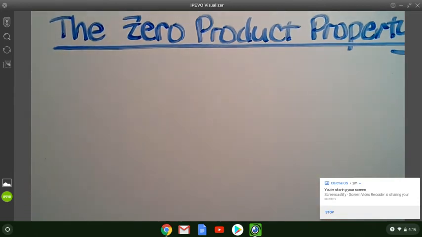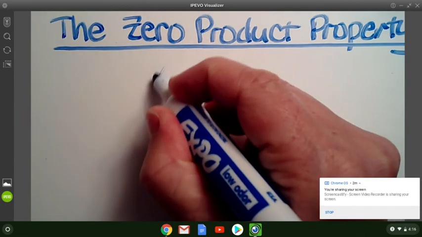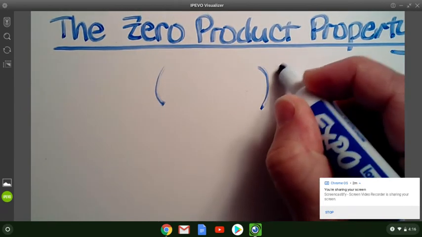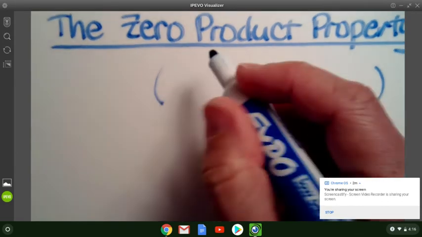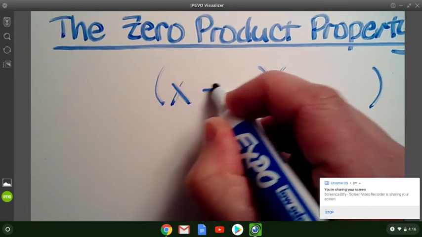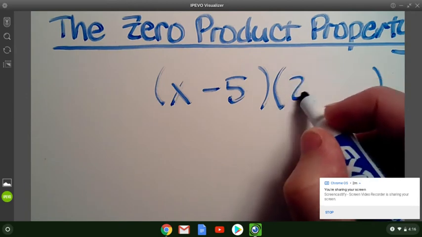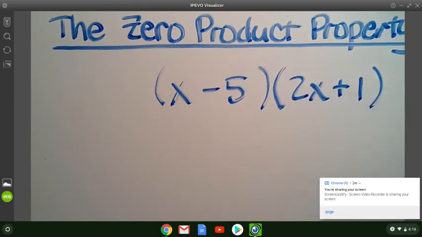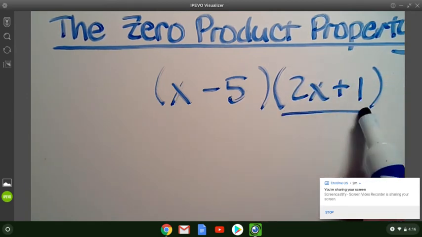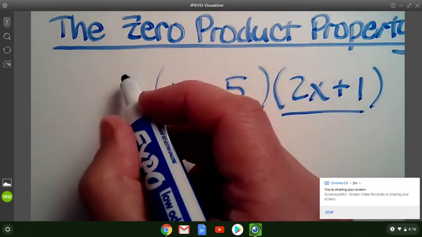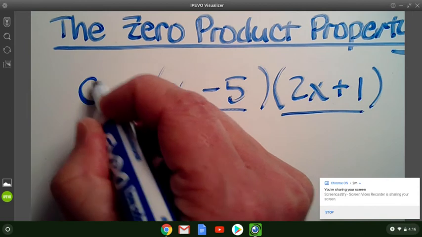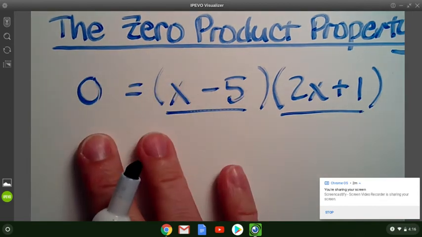Let's look at how this is related to what we're doing. Let's say we have two numbers being multiplied together, but instead of just two numbers, I'm going to say those two numbers are, let's do x minus 5 and 2x plus 1. This number, whatever that is, times this number, whatever that is, equals 0. And I'm writing 0 on the left side for a reason.